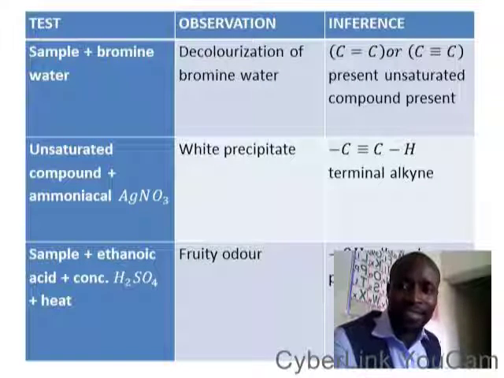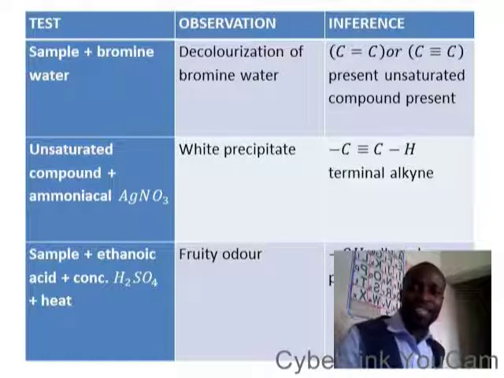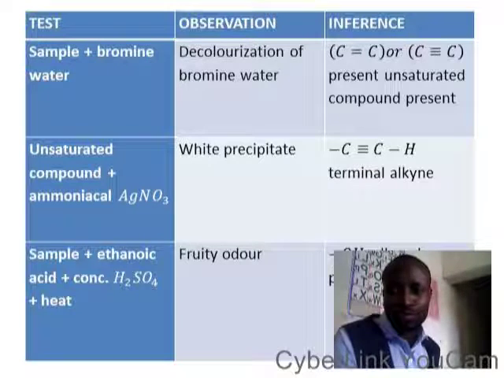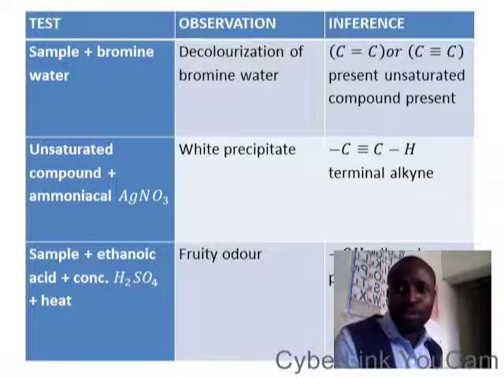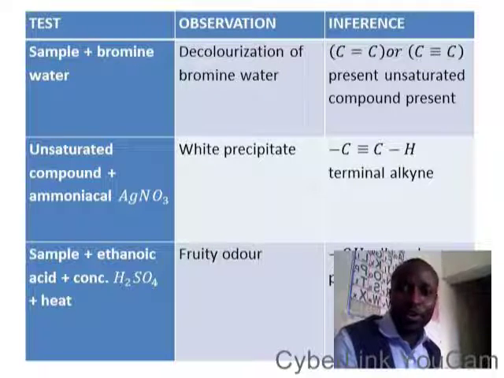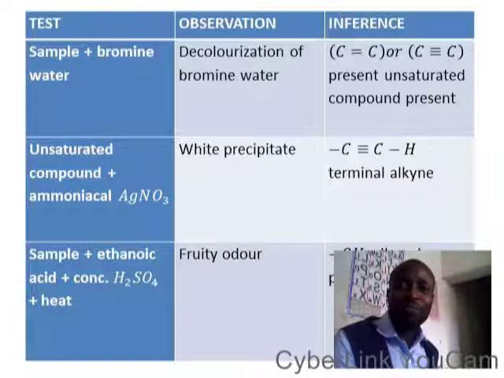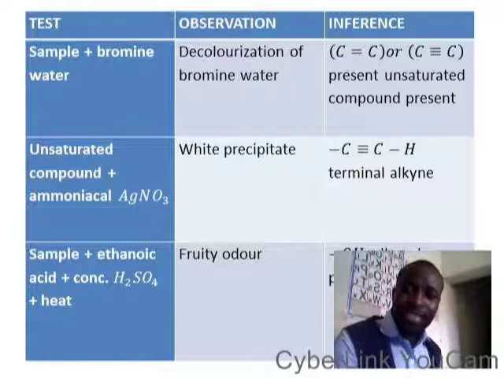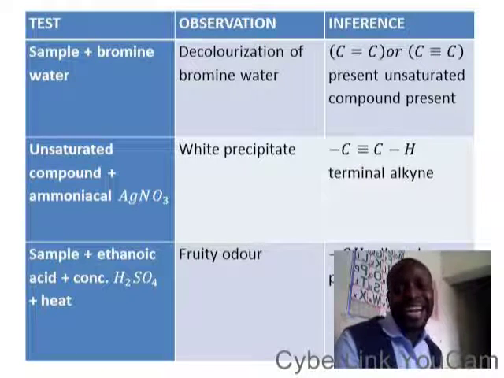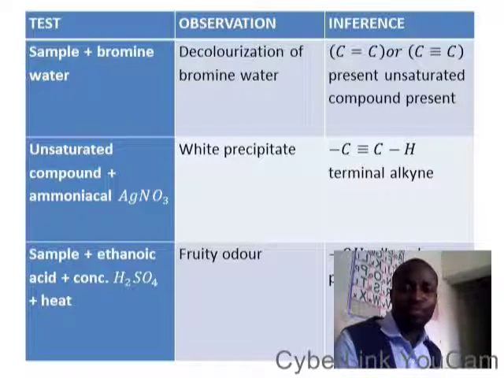Now look at this. If you have a sample of food plus bromine water, if there is decolorization of bromine water, an unsaturated compound is present. This could be used to distinguish between alkene and alkyne. Alkene of double bond and alkyne of triple bond.